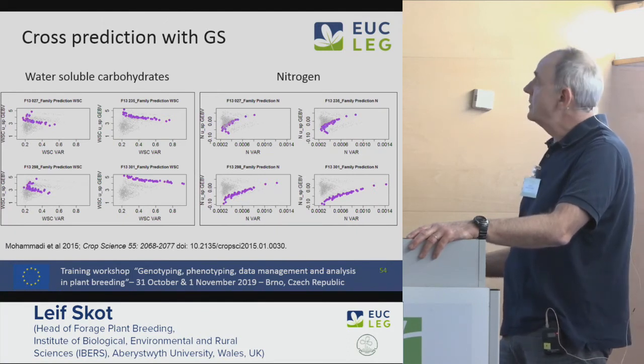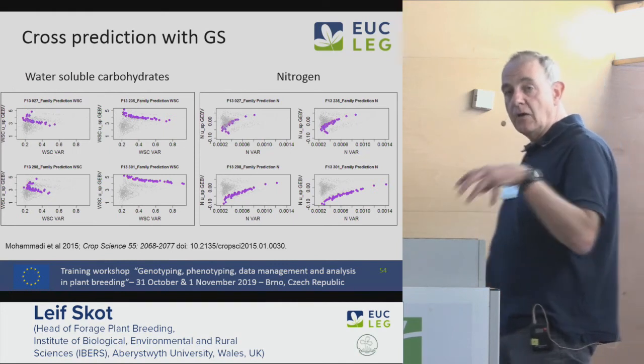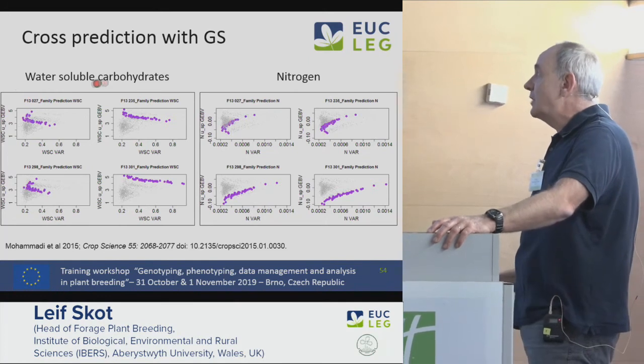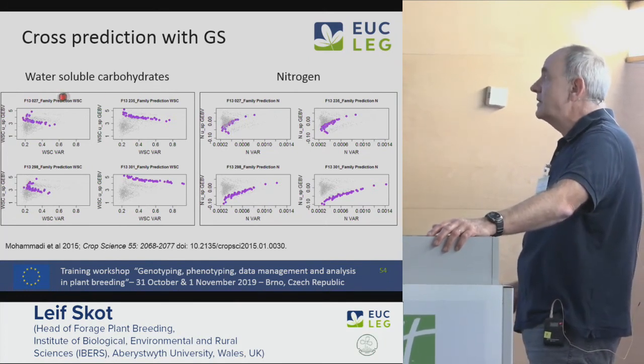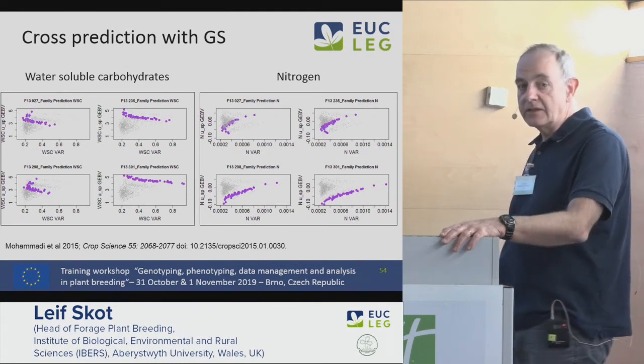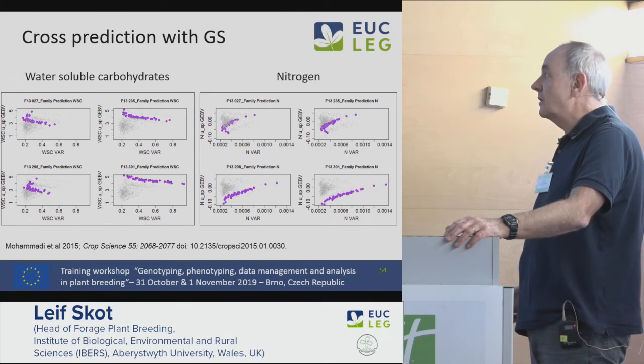And we have used 4 different mother plants in the breeding population, going back to see how well it would actually have performed, how well it predicted different traits in the progeny. And if you go to water-soluble carbohydrates, which is a character that has been very dear to us in the breeding program, and one the breeders have put a lot of weight on.